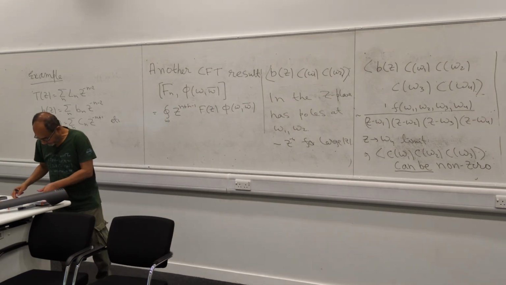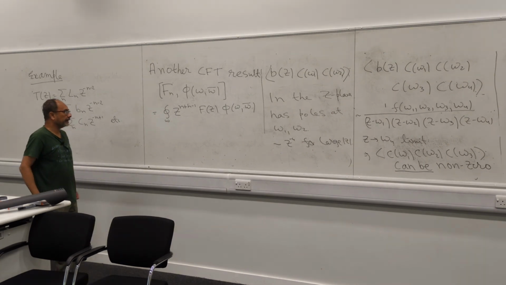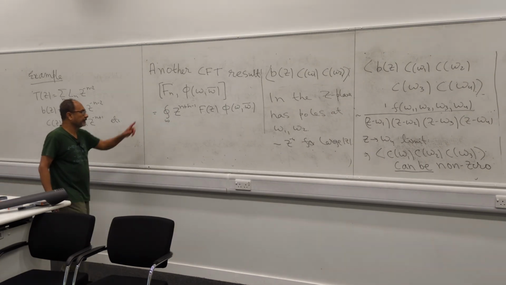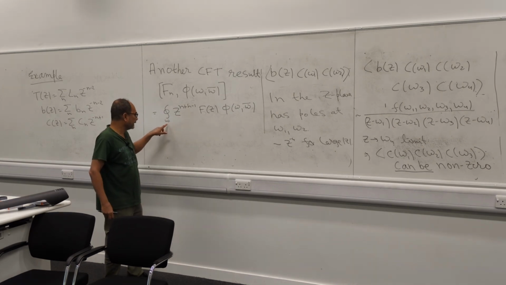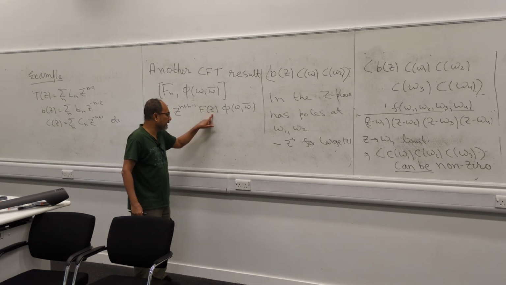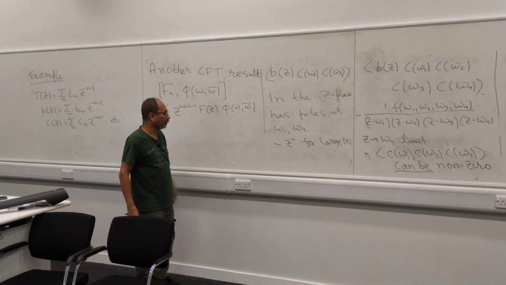This again follows from the fact that you are doing radial quantization and the standard property of the CFT. So this is a contour integral around w. The contour for z is winding around w.